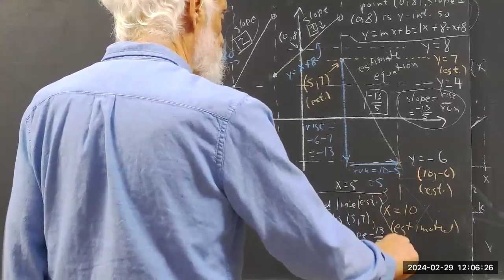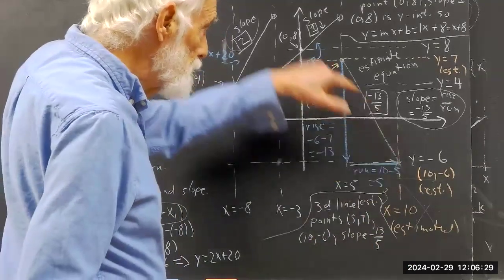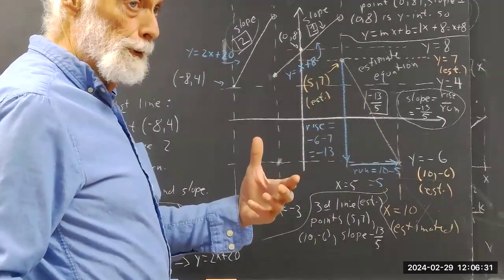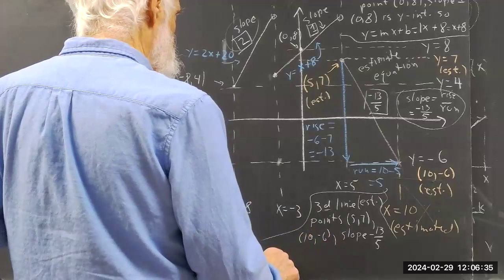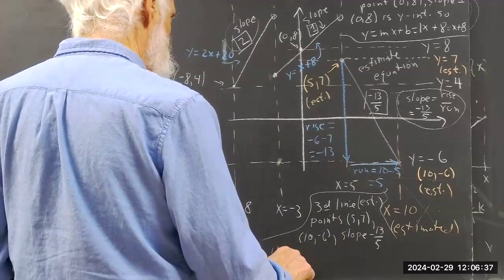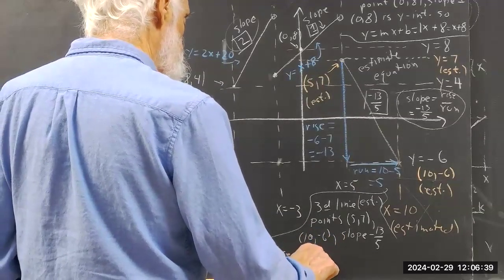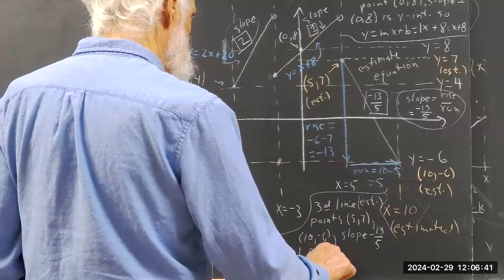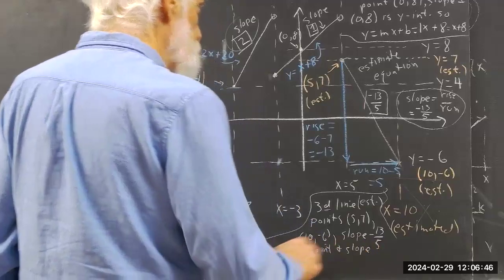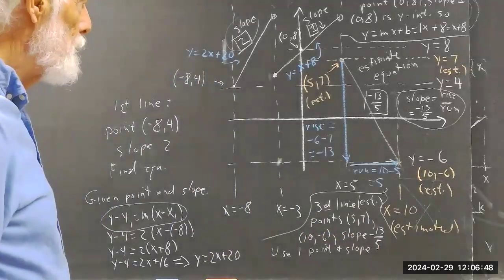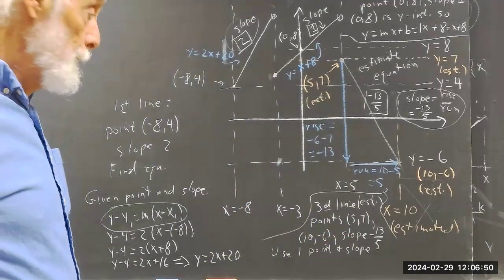Let's indicate that this is an estimate. You weren't given those numbers, okay? So your estimate might differ slightly, okay? Now, I'm not going to do it, because you know how to do it now. Use one point and the slope, and you get the equation, okay?